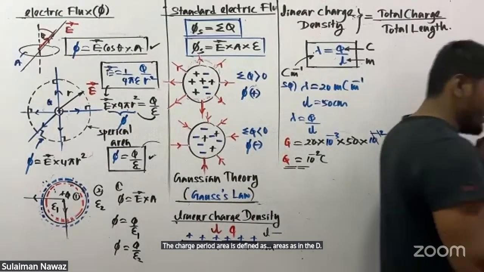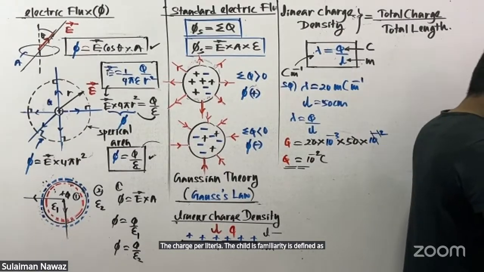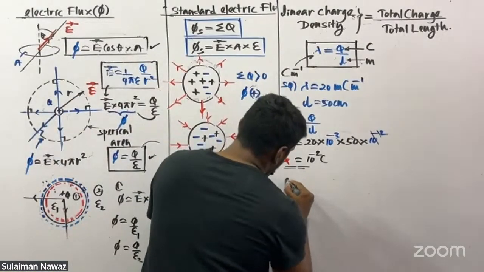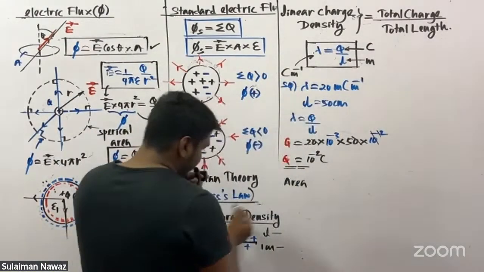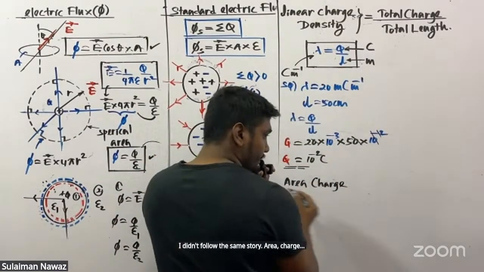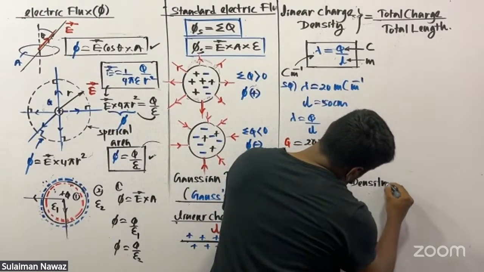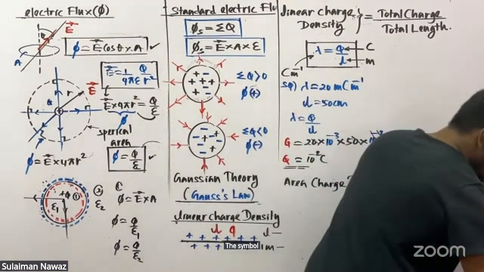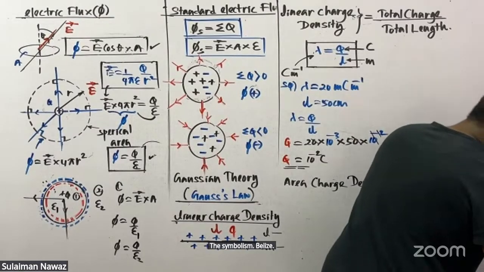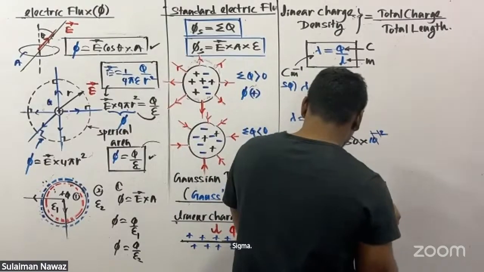The symbol for area charge density is sigma.